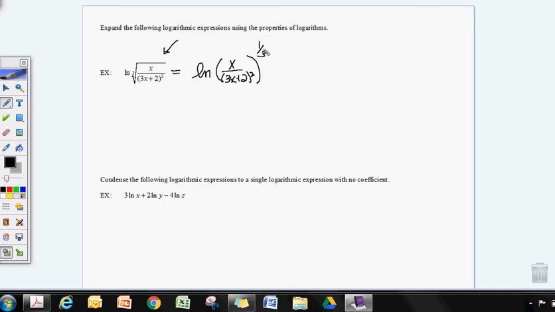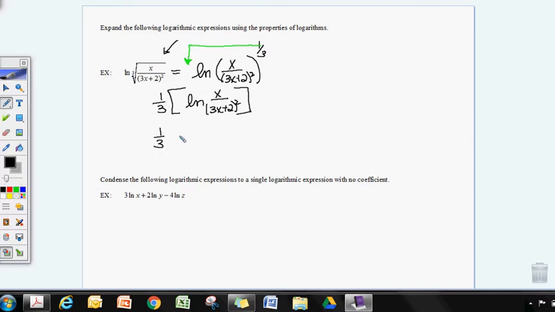Now, this 1/3 power is going to be hooked on to everything. So when we bring this down in front, everything has that 1/3 hooked onto it, and I'm going to get 1/3, and I'm going to put it in a bracket, this natural log of x over 3x plus 2 squared. Okay, so now we got rid of that exponent. There's division in here.